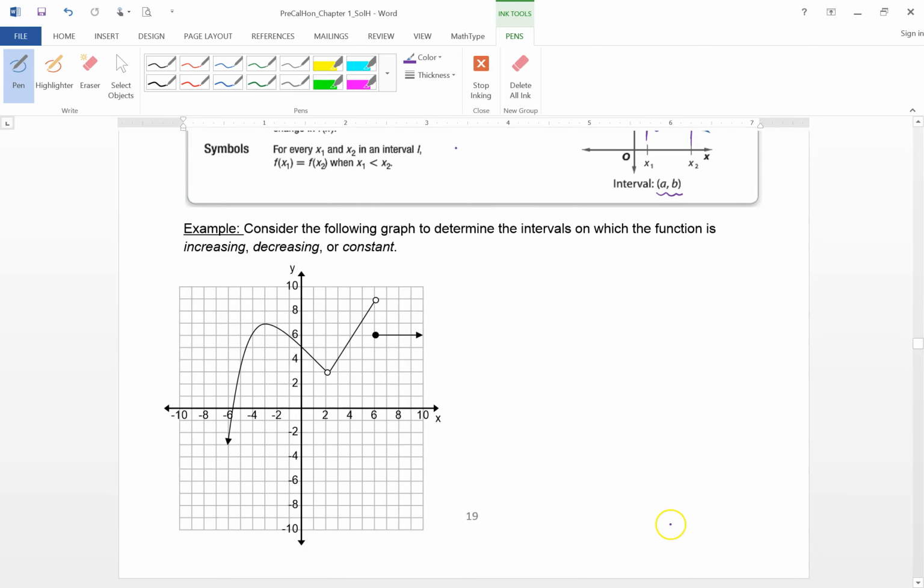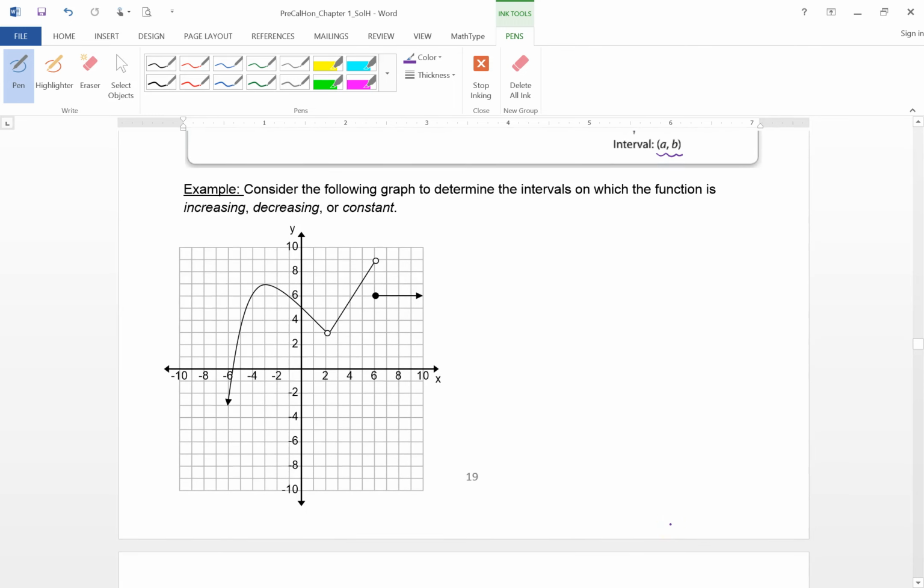Let's apply it to this problem here. We want to determine the intervals on which the function is increasing, decreasing, or constant. What we're going to do first is just look at this. You see how this is increasing and then it starts to decrease, and then it's increasing and then it's constant.